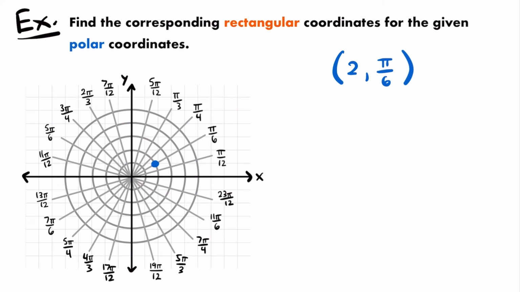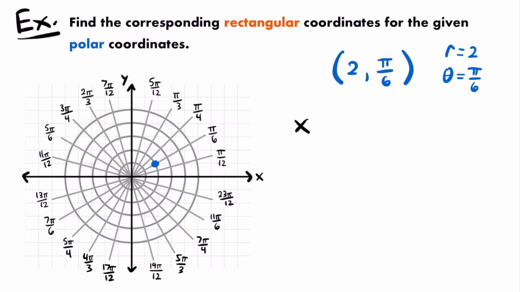Now let's work on converting this pair of polar coordinates to their corresponding rectangular coordinates. And so the first thing you want to make a note of here is what your r and theta are equal to. In this case, r is equal to 2 and theta is equal to pi divided by 6. Now, when you're converting from polar to rectangular, what you want to do is use the following two equations.